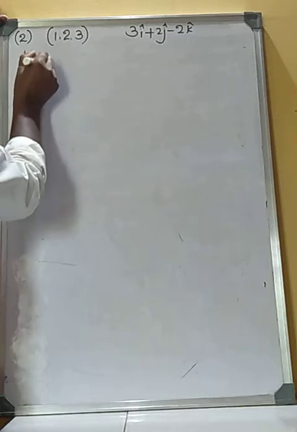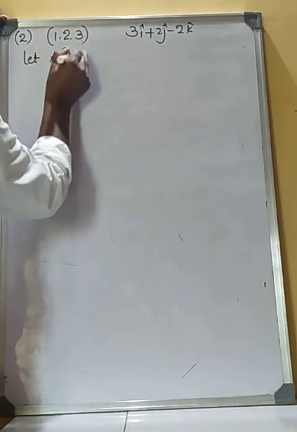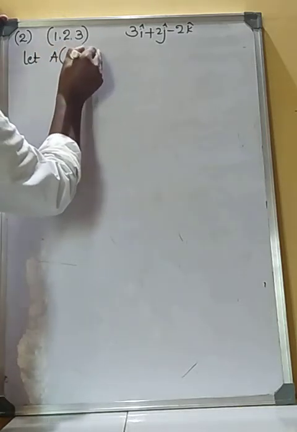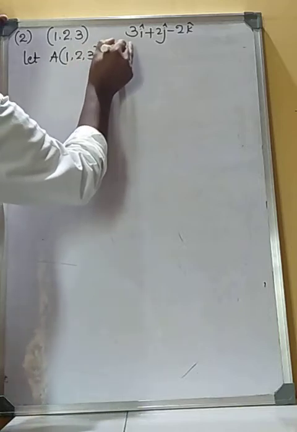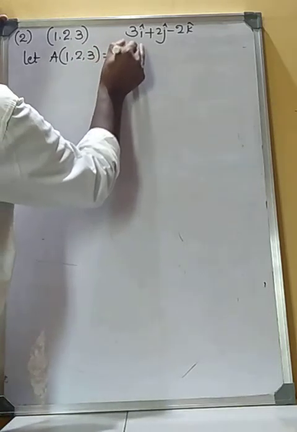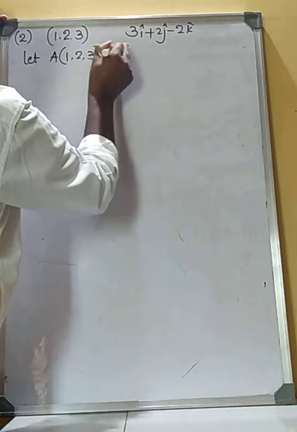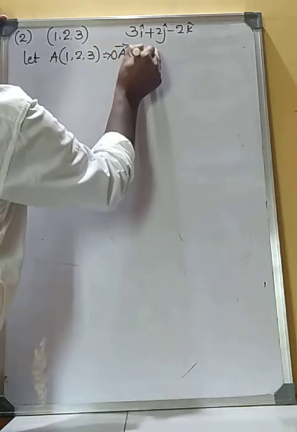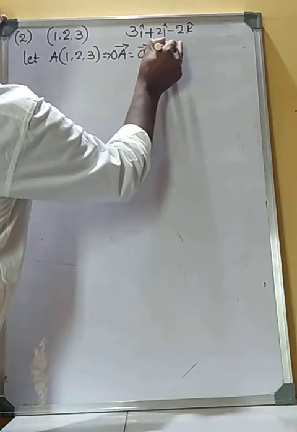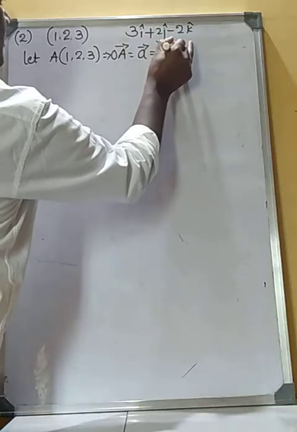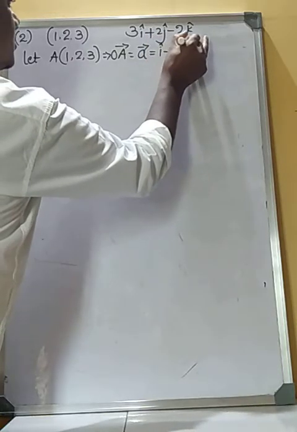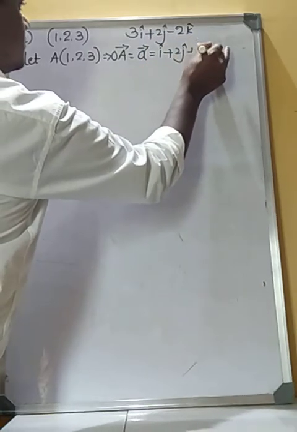Here also, let point A (1, 2, 3) be vector A equals i plus 2j plus 3k.